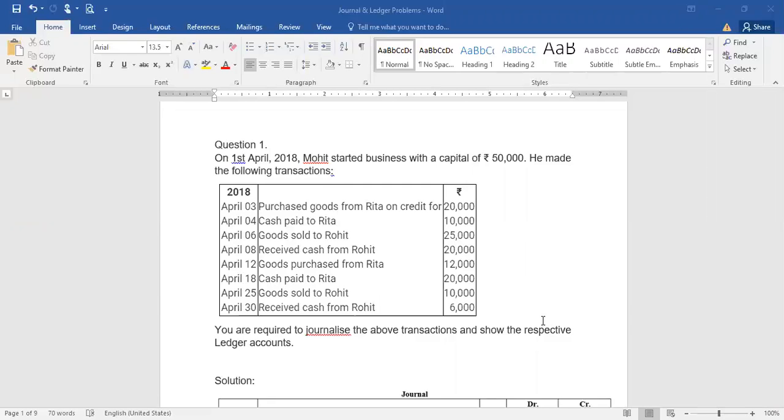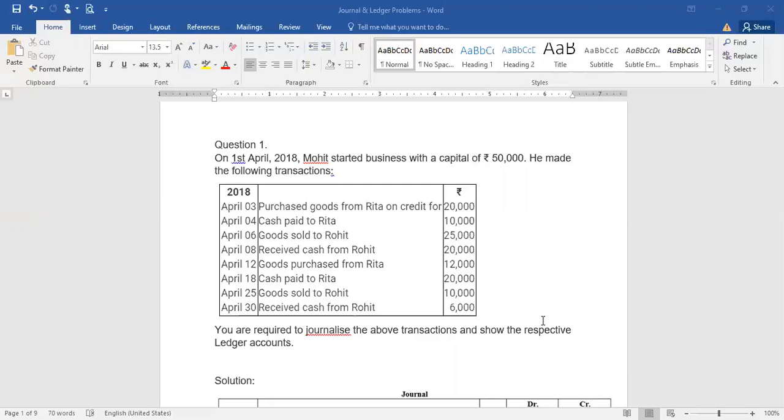While passing journal entries in the journal, the following steps are to be involved. First, we have to ascertain the two accounts involved in the transaction. For each transaction, we have to identify the two accounts.